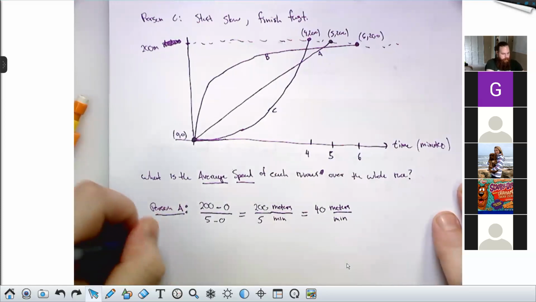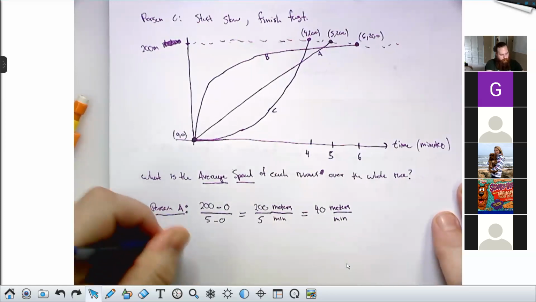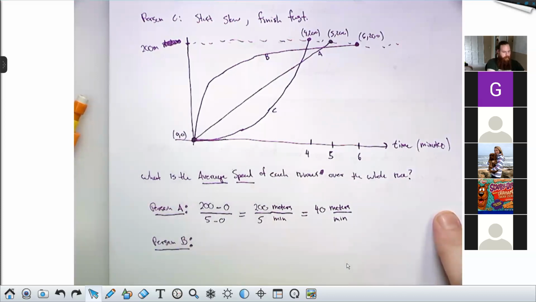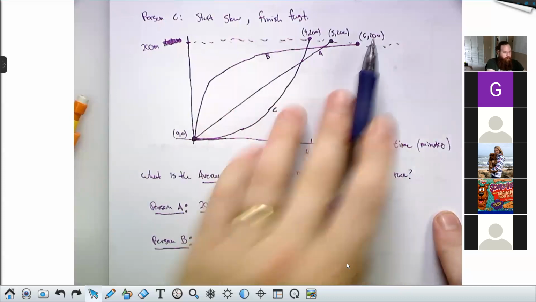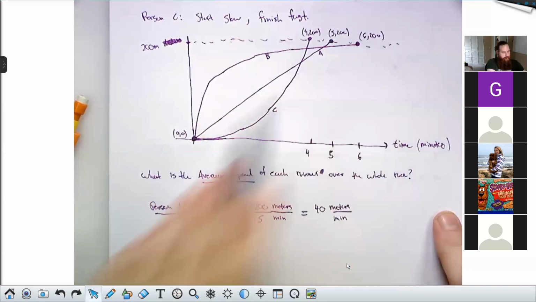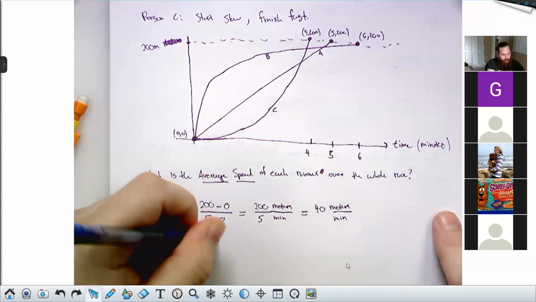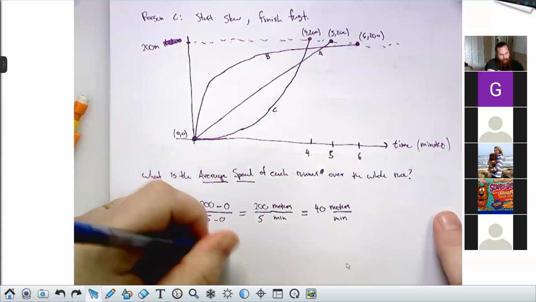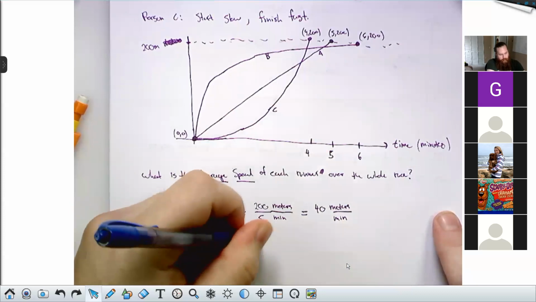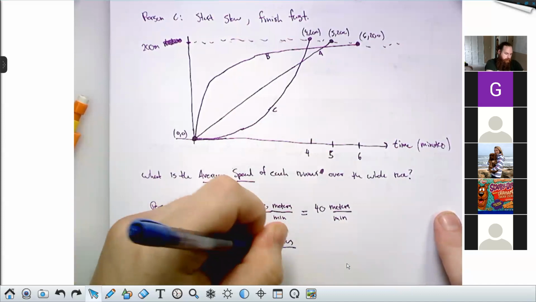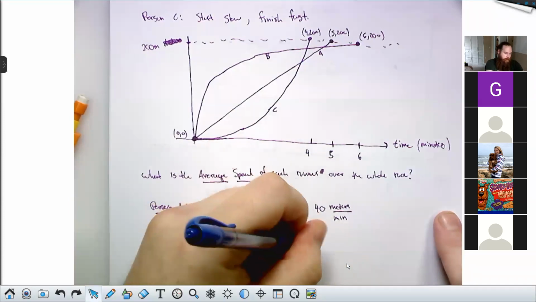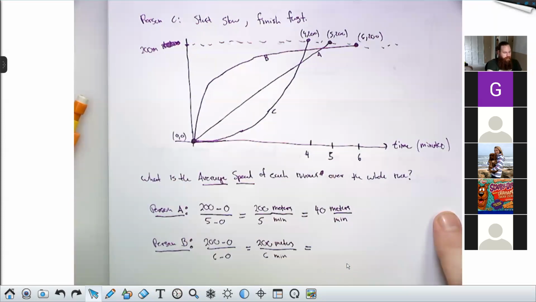Person B, theirs would be 200 minus 0 over 6 minus 0, which is 200 meters over 6 minutes, which doesn't divide cleanly.